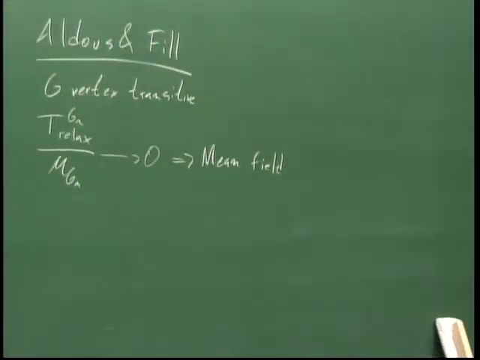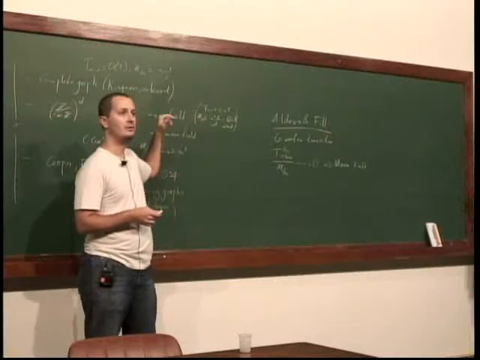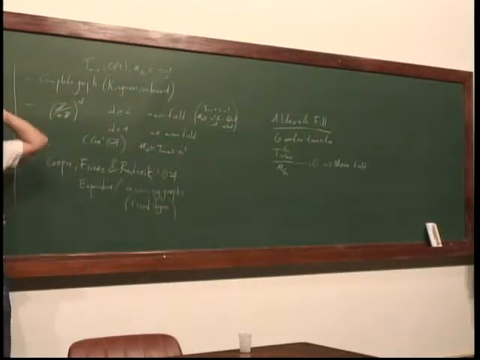And as you can see, it's well known that mixing times and relaxation times are of the same order for these graphs. So that I think was their inspiration for the problem.